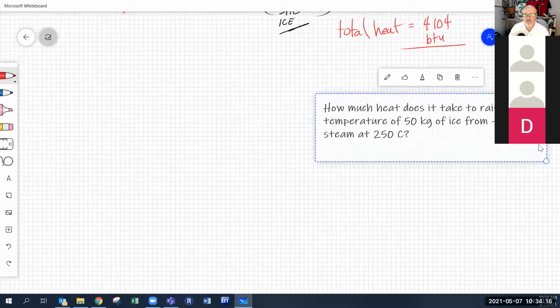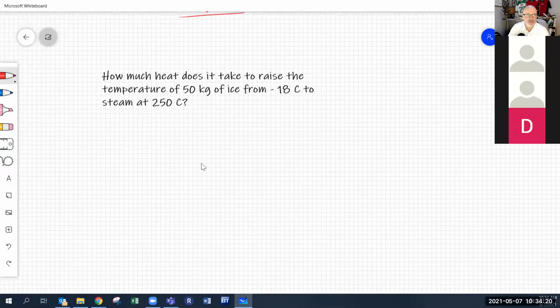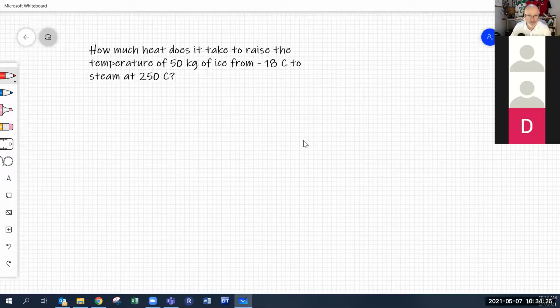Oh, no, bigger. There's our question. How much heat does it take to raise the temperature of 50 kilograms of ice from minus 18 Celsius to steam at 250 degrees Celsius? So again, the first thing I do is I draw a line on my page and I put my temperatures on there.